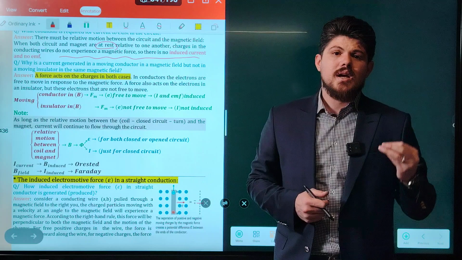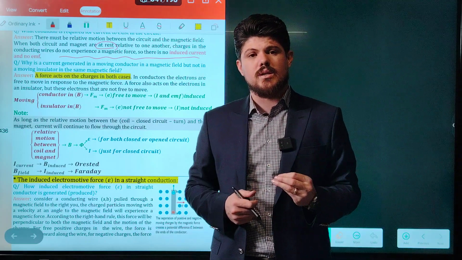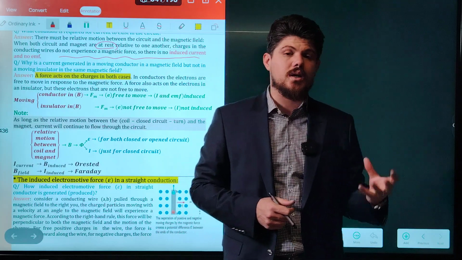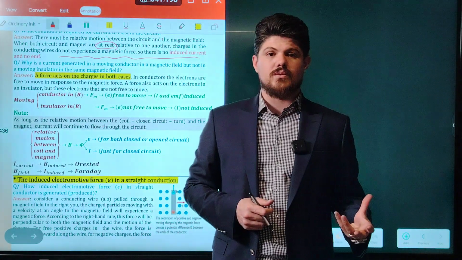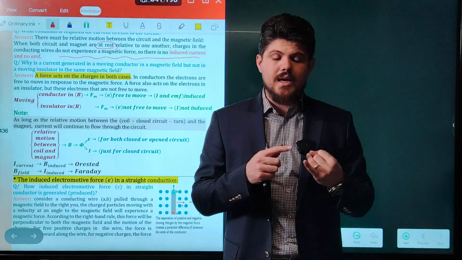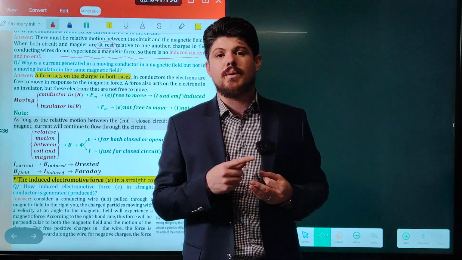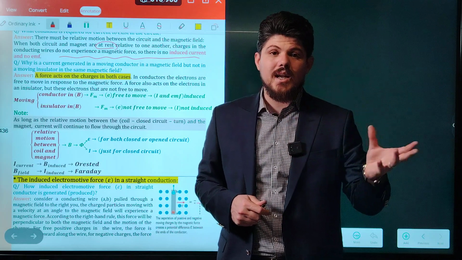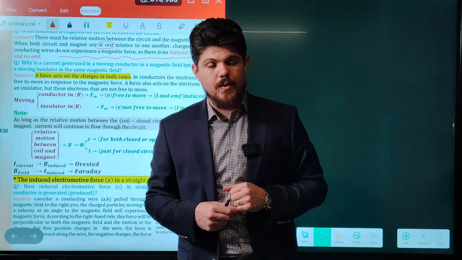Why? Because an insulator cannot conduct electricity, as it has no free electrons, but a conductor can conduct electricity very easily. Why? Because a conductor has free electrons, like copper, gold, metals, and that is why they can conduct electricity.